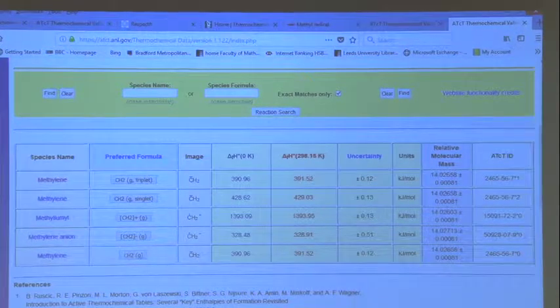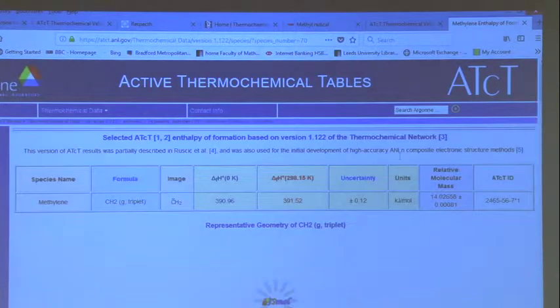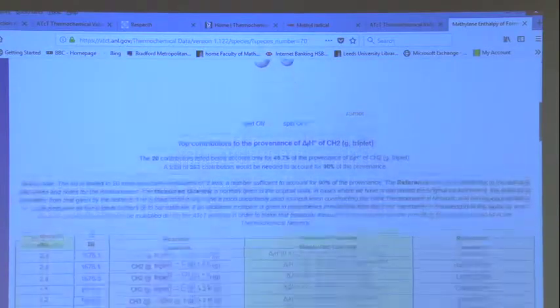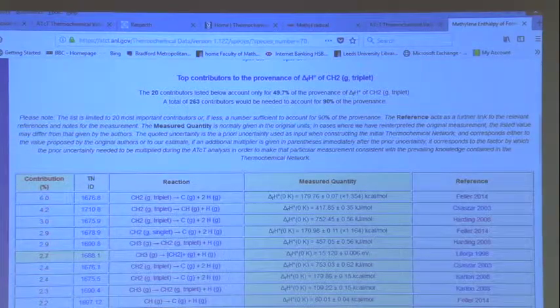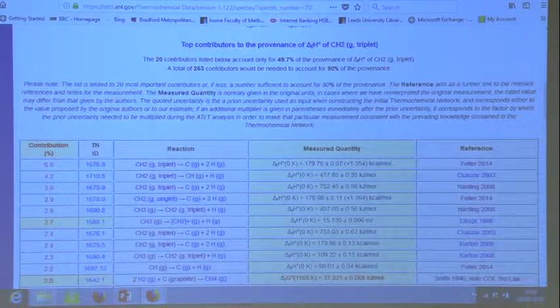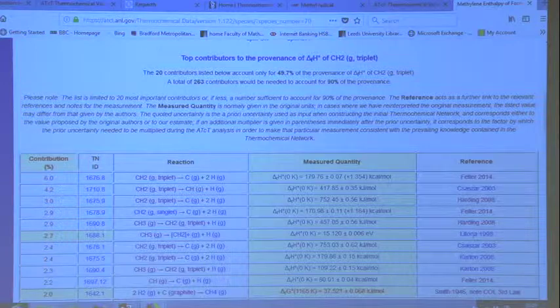Let's look at the triplet, and look at the provenance of the enthalpy of formation of the triplet. And these, if you look into them, are all theoretical determinations. These are all electronic structure calculations that have been used to determine so accurately this energy of the triplet.